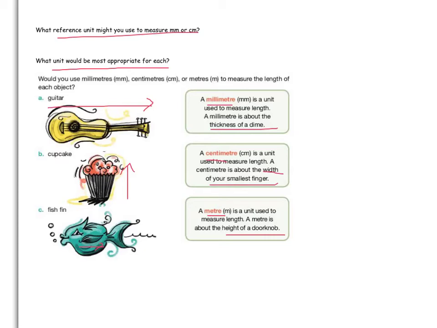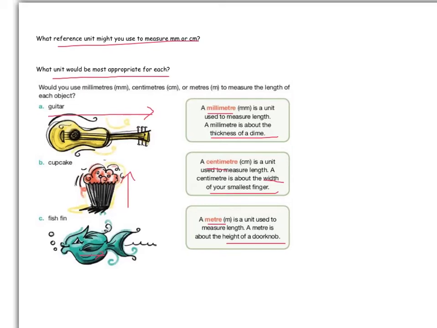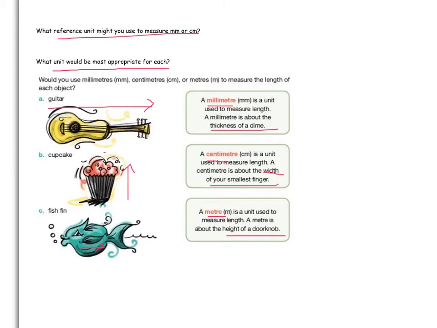All right, so the length of a guitar might be measured in meters. And so then your reference would be the height of a doorknob or the width of a door. Possibly centimeters, but more likely meters.